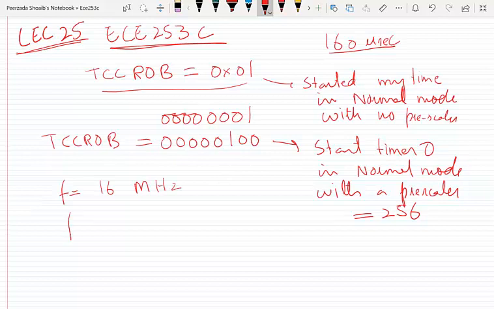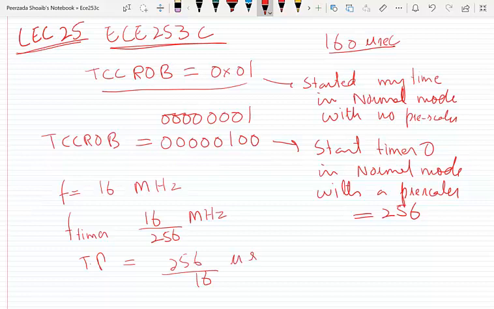The frequency of my timer will be 16 divided by 256 megahertz, and the time period of the timer will be the inverse of the frequency, that's 256 divided by 16 microseconds, because we have megahertz here. That comes to a time period of 16 microseconds.